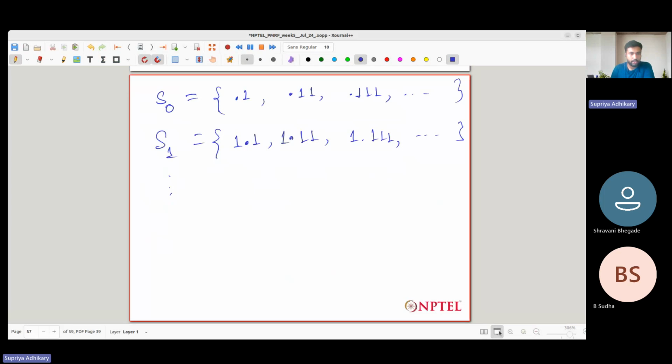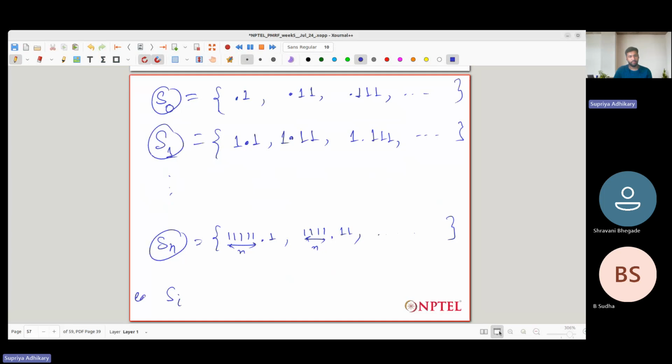Similarly, we can have Sn like this, where Sn has n many ones before the decimal. Again, we have n many ones before the decimal, then 1, and so on. Definitely S0, S1, Sn, all these are countable sets. Each Si is countable.